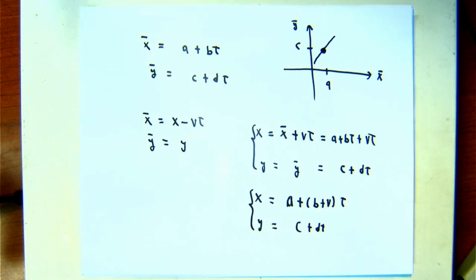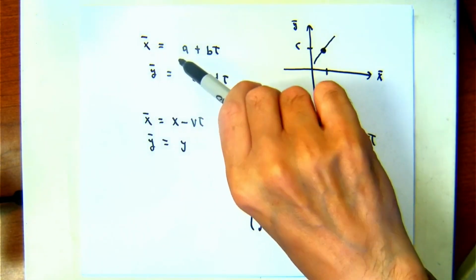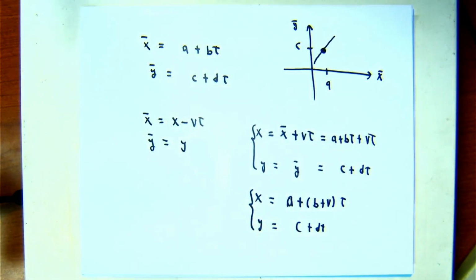This is the same form as what x bar was. It was a constant plus a constant times time. y is a constant plus a constant times time. In fact, y is the same thing as y bar. If you were to draw the graph of something like this, you would get a straight line.